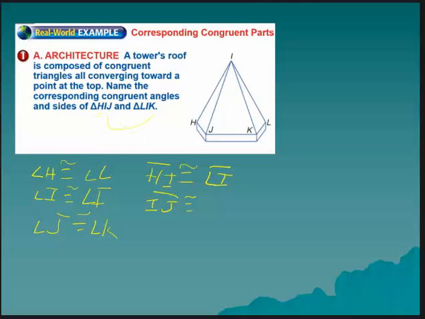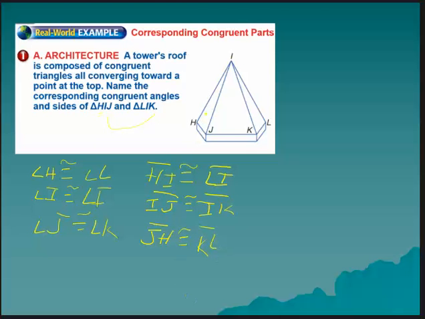Okay, so I went to the middle letter and the last letter, so I'm going to go middle letter, last letter, which is IK. And then the last way to pair them would be JH or HJ. Again, the first one, you can pick which way you want to name it, but the second one has to go in the same order. So if I did JH, I have to do KL over here.